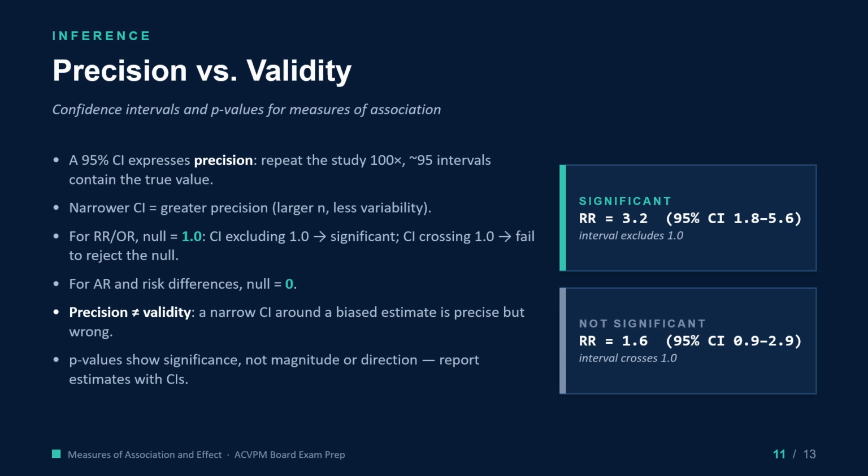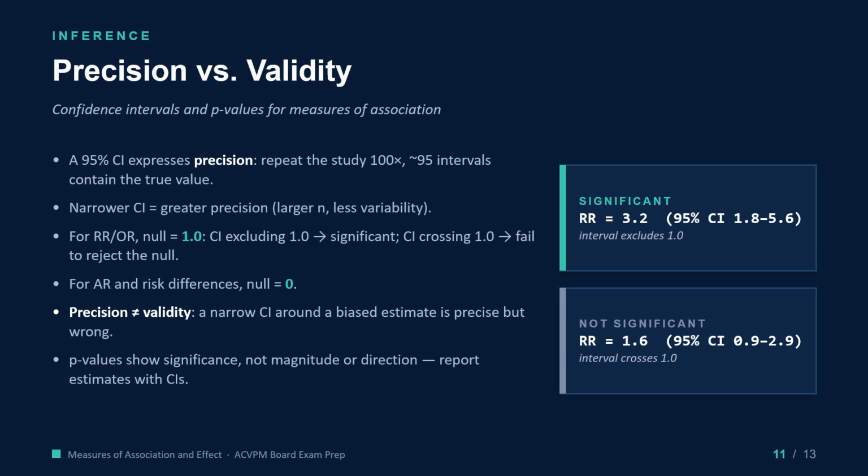If the CI crosses 1, for example, RR equals 1.6, 95% CI 0.9 to 2.9, we fail to reject the null hypothesis of no association. For the attributable risk and other risk differences, the null value is 0.